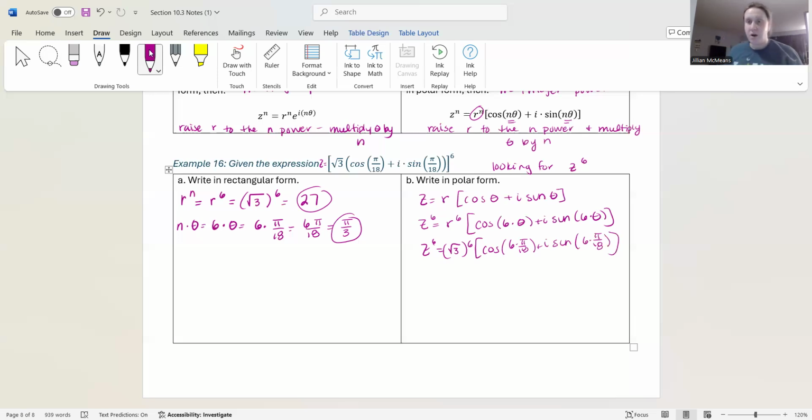And remember, we've already done the side work. We already know what the square root of 3 to the sixth power is, and we already know what 6 times pi over 18 is. So we just have to simplify here. We could say z to the sixth equals 27 times cosine of pi over 3 plus i times sine of pi over 3.